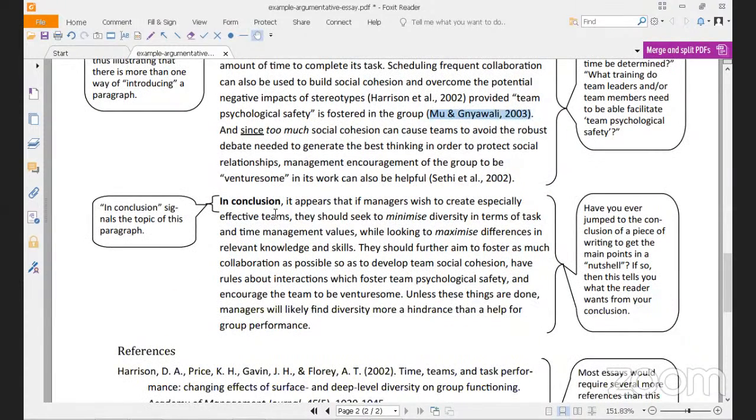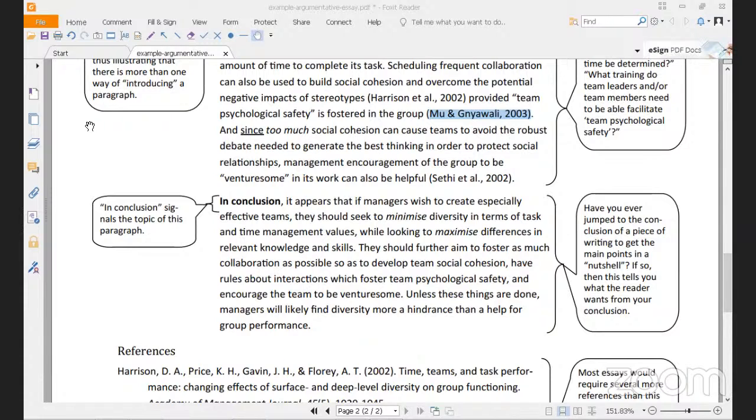Okay. And let's go into the conclusion, please. In conclusion, it appears that if managers wish to create especially effective teams, they should seek to minimize diversity in terms of task and time management values while looking to maximize difference in relevant knowledge and skills. They should further aim to foster as much collaboration as possible so as to develop team social cohesion, have rules about interaction which foster team psychological safety and encourage the team to be venturesome.